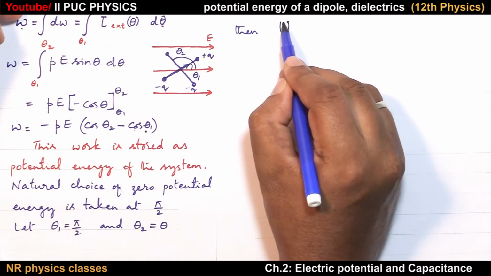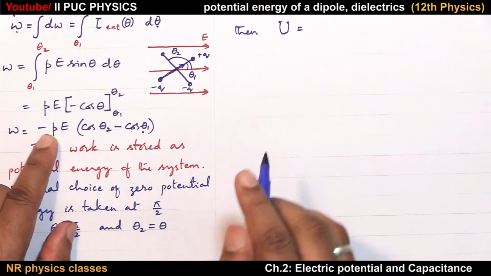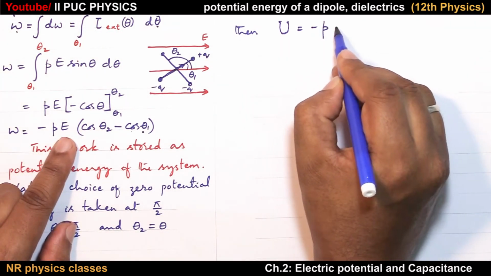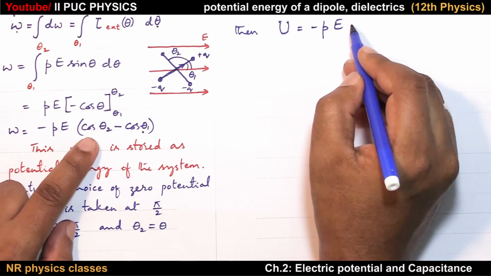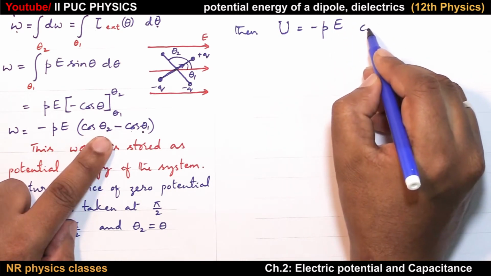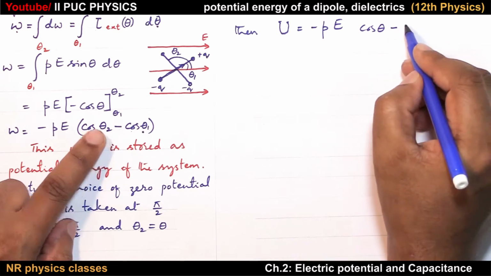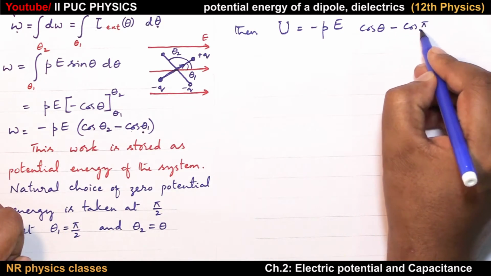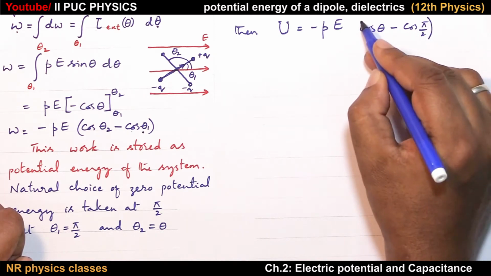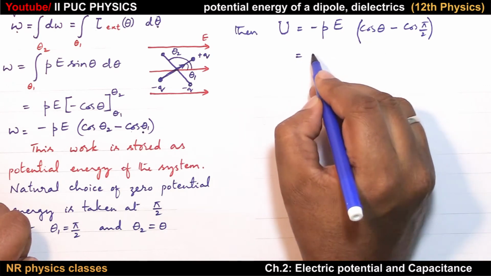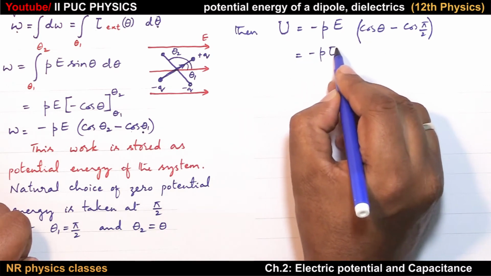Potential energy equal to minus P into E, minus P into E cos theta, because theta 2 is theta, minus cos pi by 2. Minus PE cos theta.